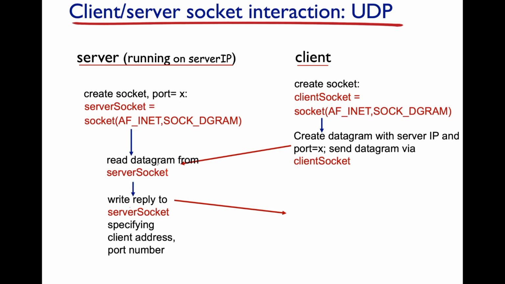And so the client gets the IP address of the server as well as the port number, and the client also inputs its port number and address so that the server knows to whom to send back that response. So the server sends its response, and let's assume that response gets back to the client. This client then reads that datagram from its client socket, special doorway. It closes the socket, extracts the information, and it now knows the response from the server.